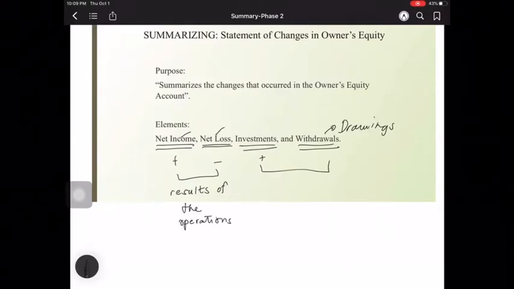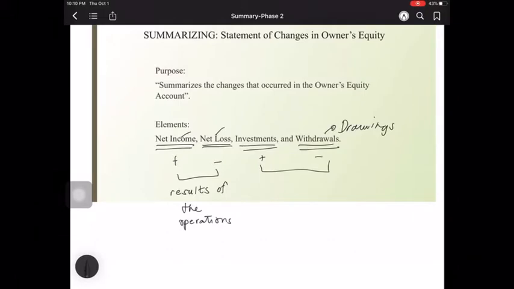We don't have any concern as to the purpose of the withdrawal. What is important, or what is controlling, in recognizing a withdrawal is that when the outflow of an asset is caused by the owner or the owners of the business, then immediately we are going to recognize your withdrawal or your drawings account.